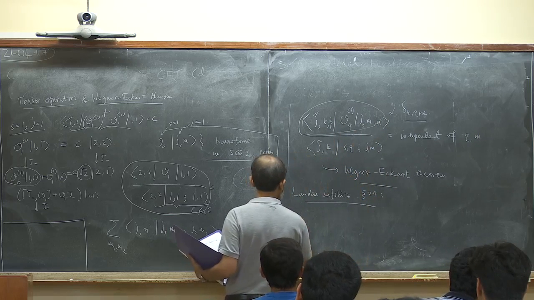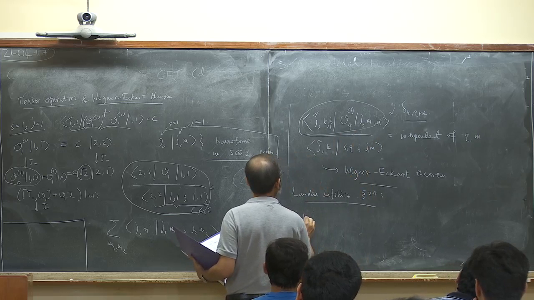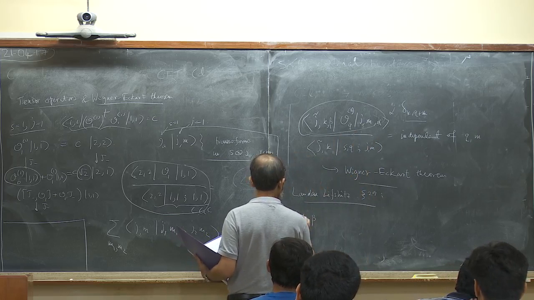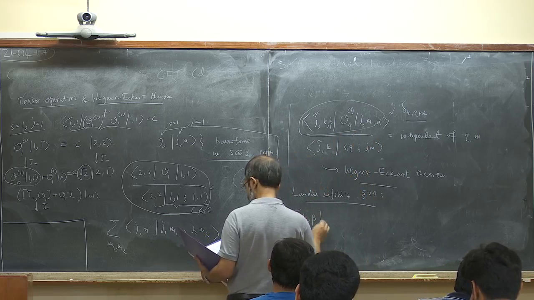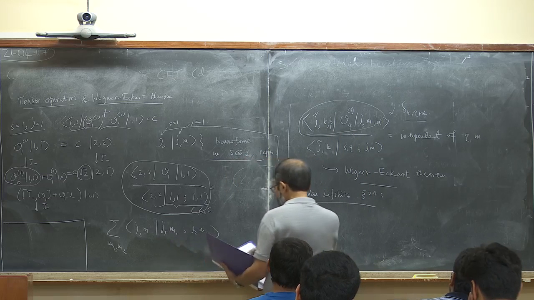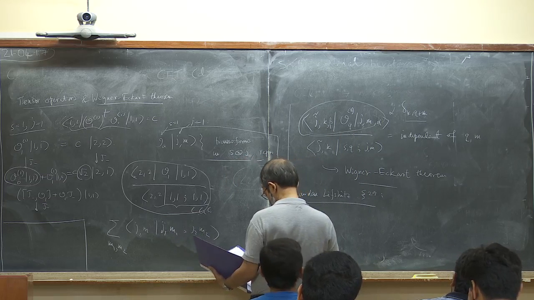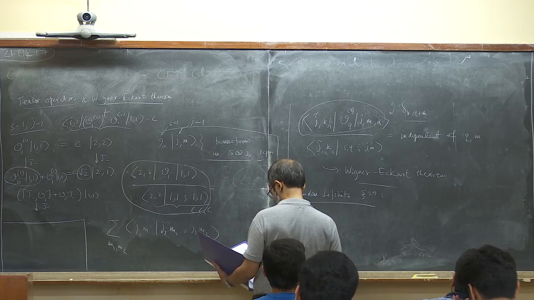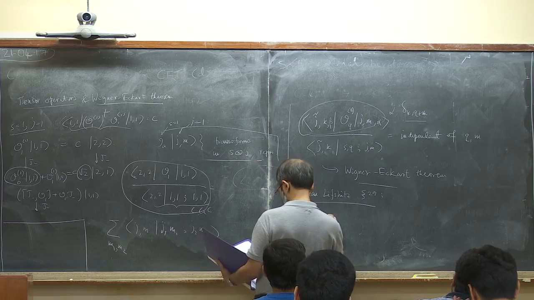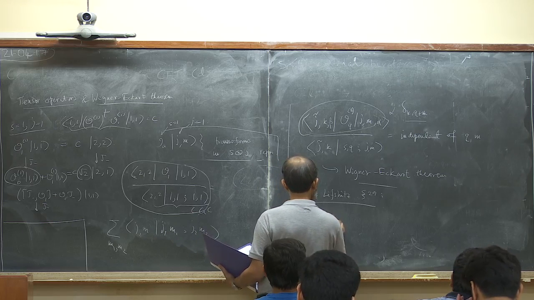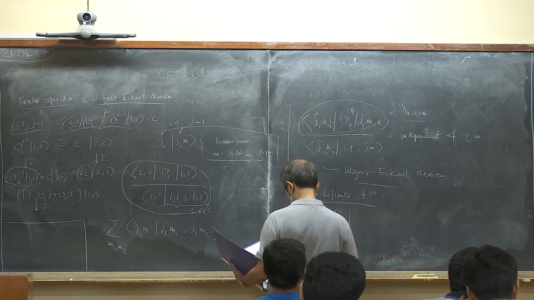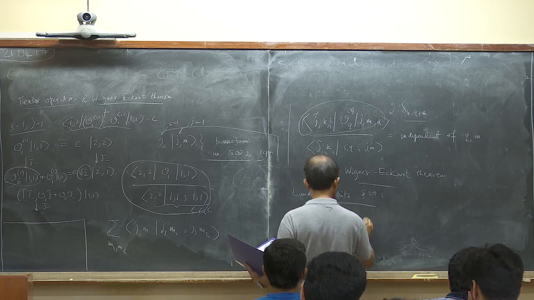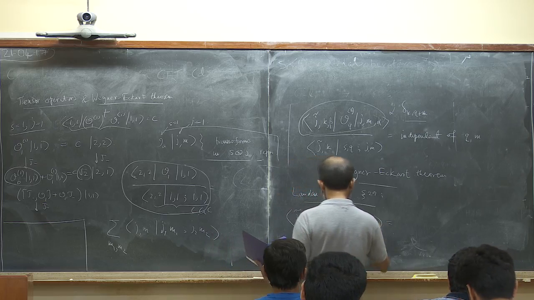Then what is the full content of the Wigner-Eckart theorem is the following. J, m, alpha.